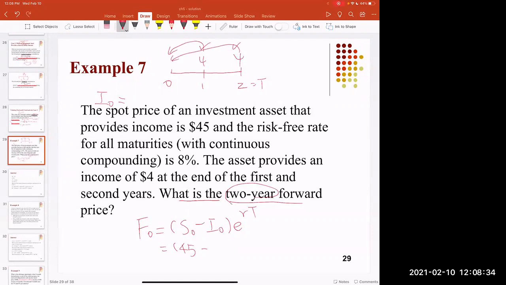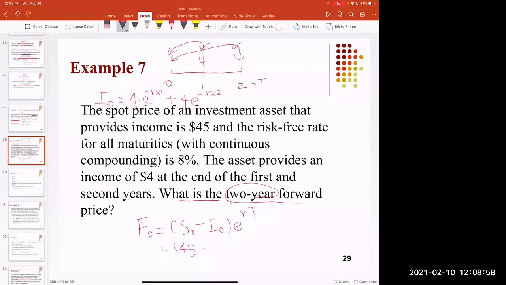How do we calculate the discount? We do continuous discounting, so the $4 cash flow is multiplied by e to the negative R times T. The first cash flow is from year 1 to year 0, that's 1 year, right? And the second one, we discount with R times 2, from year 2 to year 0.